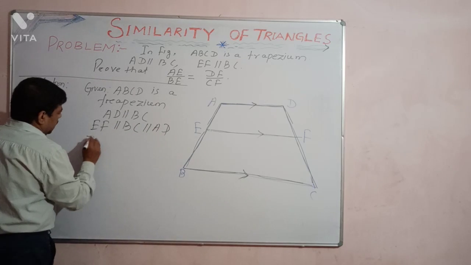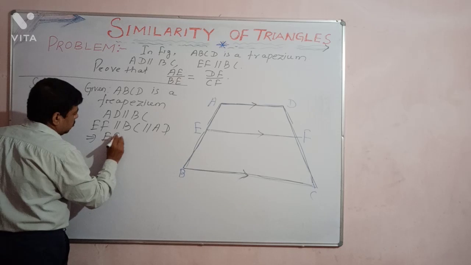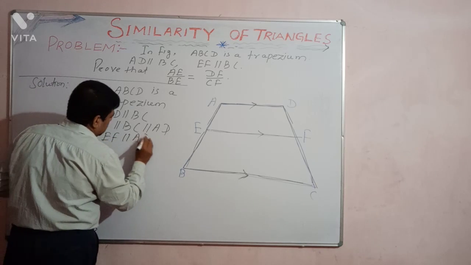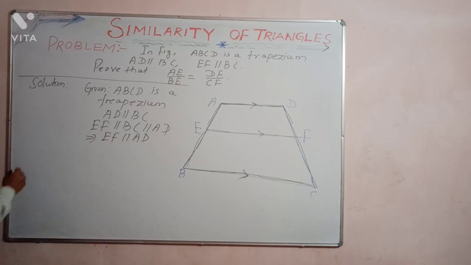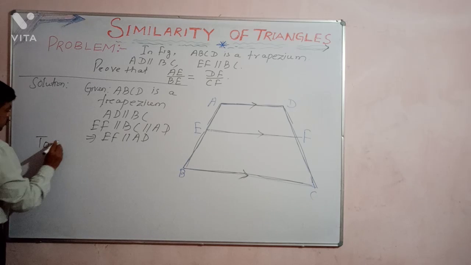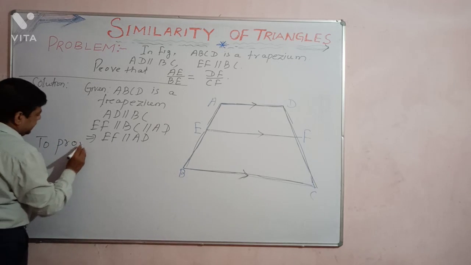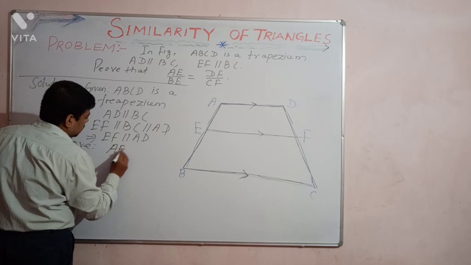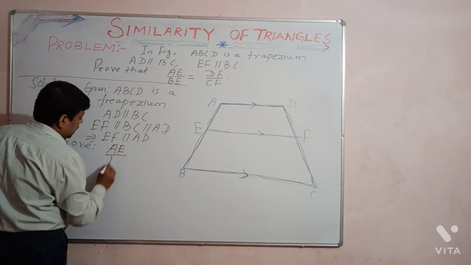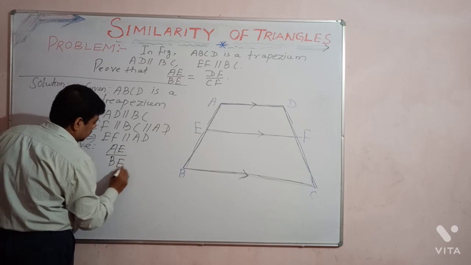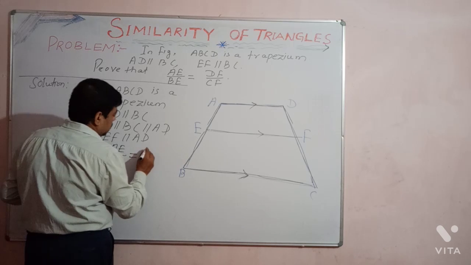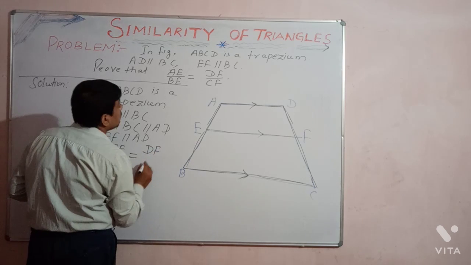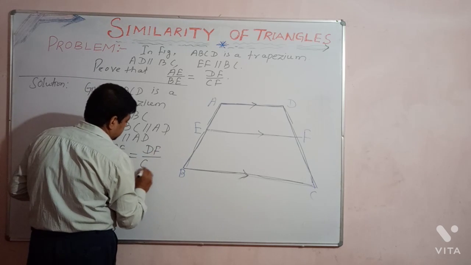So that implies EF is also parallel to AD. Yes or no? Okay, and we have to prove that AE upon BE is equal to DF upon CF.